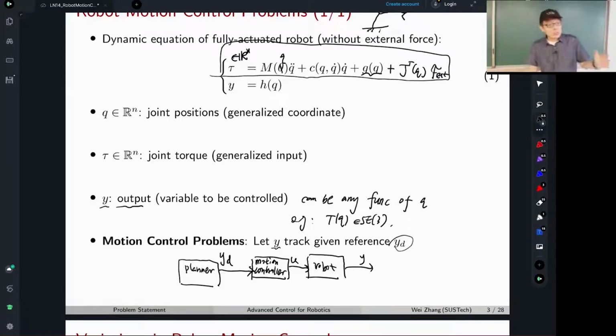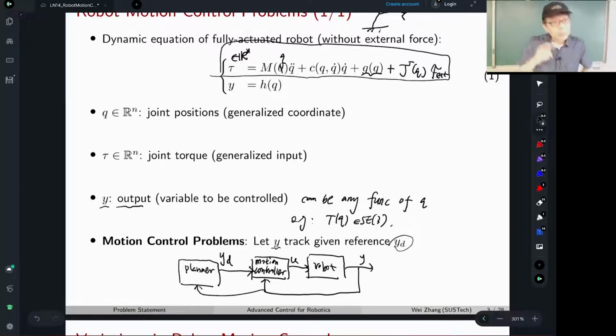Motion planning algorithms plan the desired trajectory, then the desired trajectory is tracked by the motion controller. And this is my feedback. Sometimes the plan needs to be updated as well, so Y D will change dynamically too.